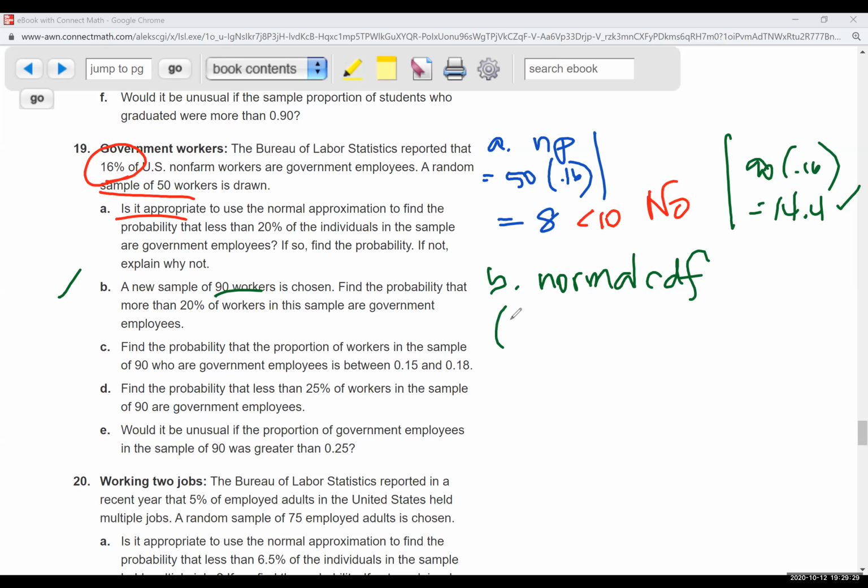So normal CDF, find the probability that more than 20%.